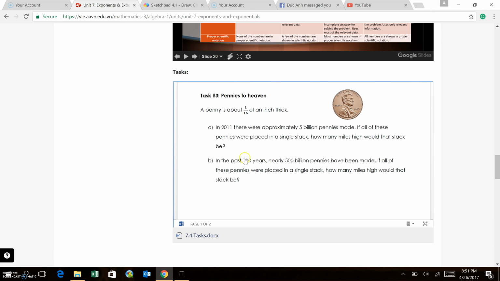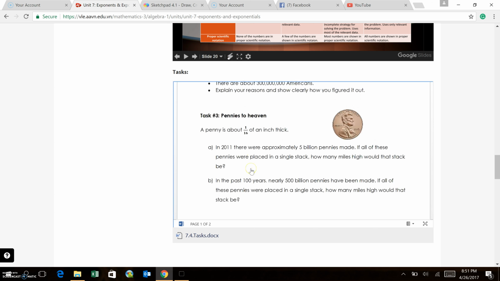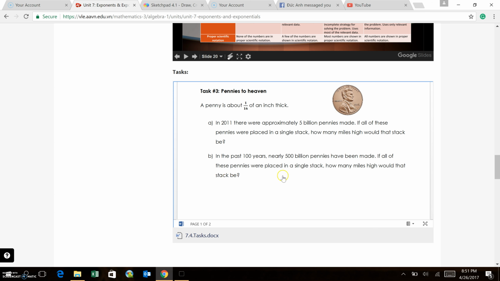Alright, so question B is the same type of question as question A, but it just has a different number, which is 500 billion pennies.